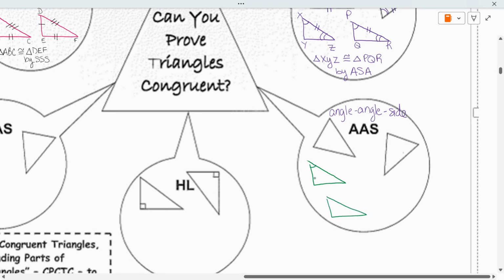So angle, angle, side. A, B, C, D, E, F. So triangle ABC is congruent to triangle DEF by angle, angle, side.